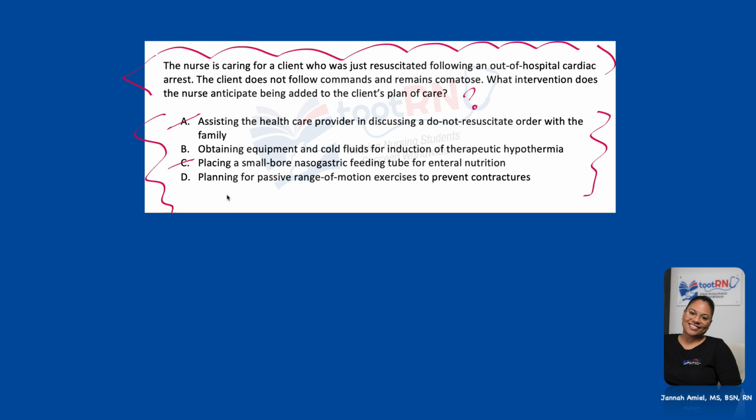Again, not a bad thing. That would be really beneficial to a client. But based on the data we have, this person has a neuro injury following resuscitation. So what is D going to do for that? Nothing, right? So that leaves us with B.